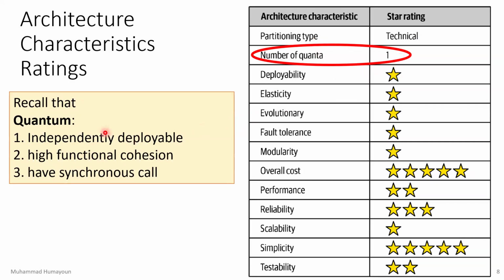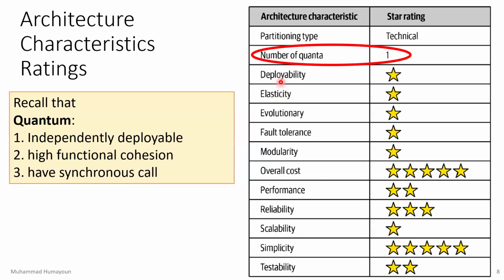Remember what quantum means? In our previous lectures, we defined quantum to be a piece of software, a component that is independently deployable, has high functional cohesion, and all the calls within it are synchronous.